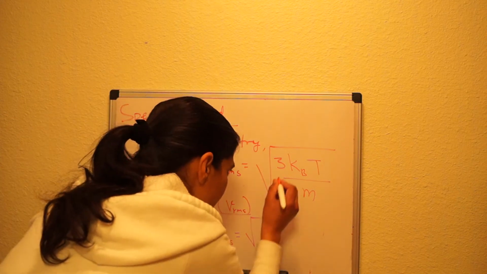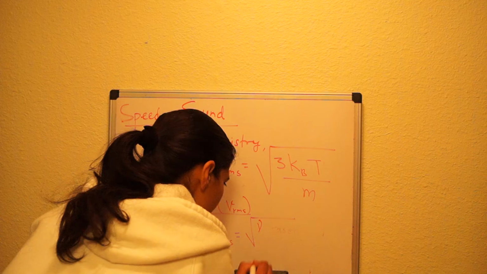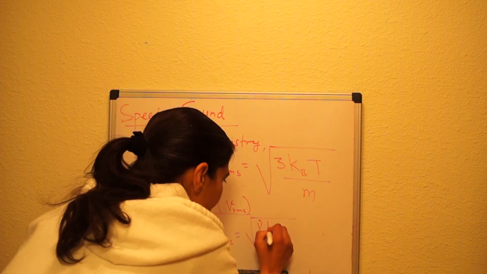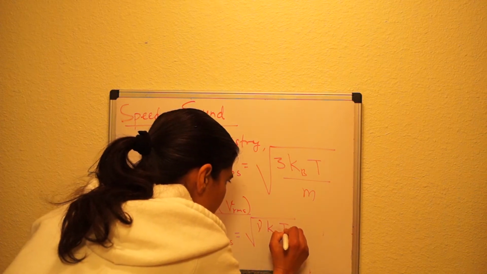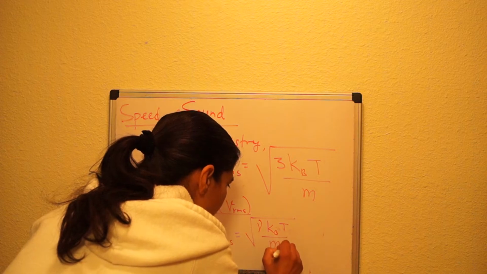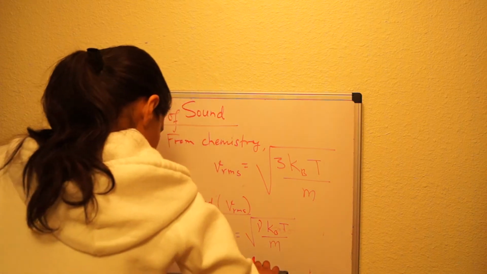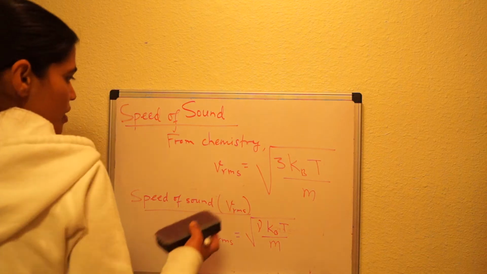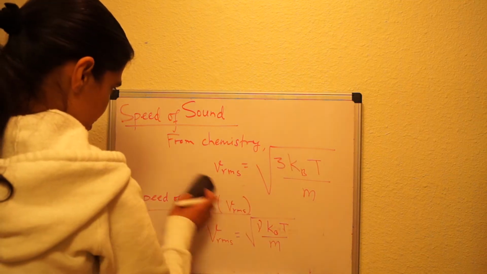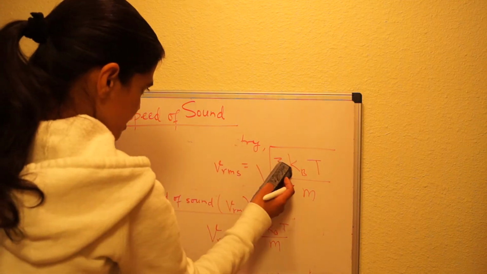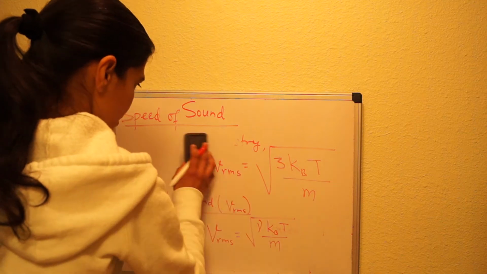Similar to that, not exactly the same, but something like this. I'm going to erase this part, okay guys? This looks similar to you now, except for this 3. In place of 3 we have gamma there.